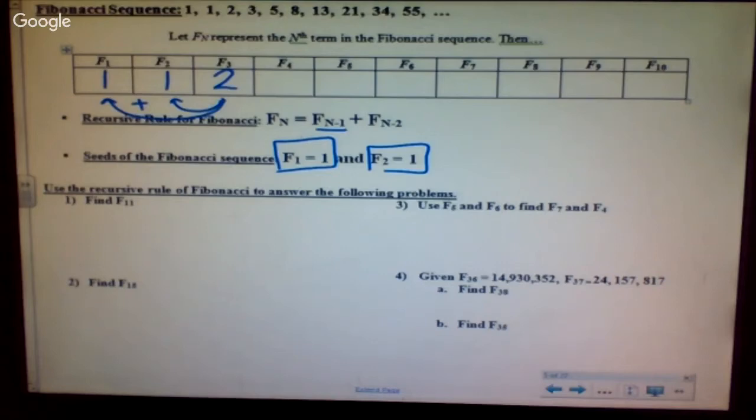To get 4, I need to go back and add 2 and 3 together. So 1 plus 2 gives me 3. And just keep going. 3 and 2 together give me 5. 5 and 3 give me 8. 13, 21, 34, 55.